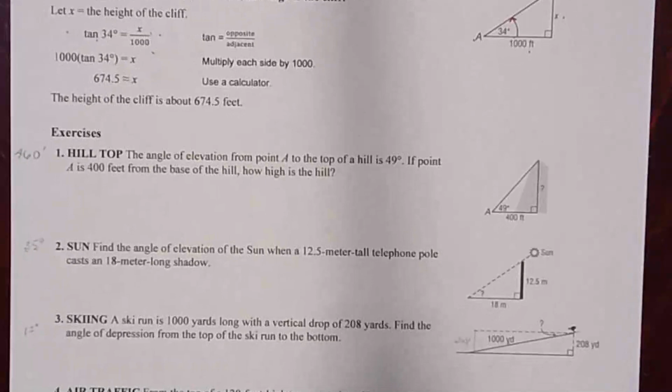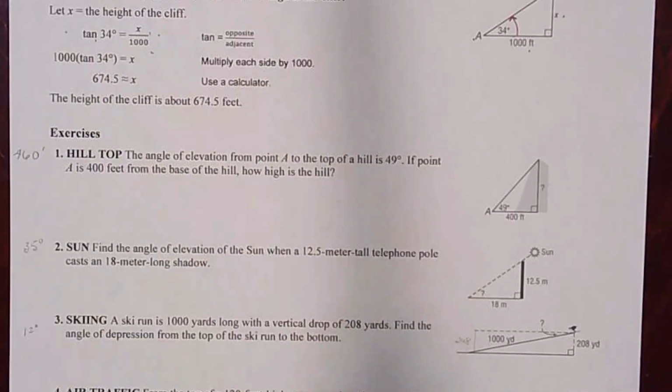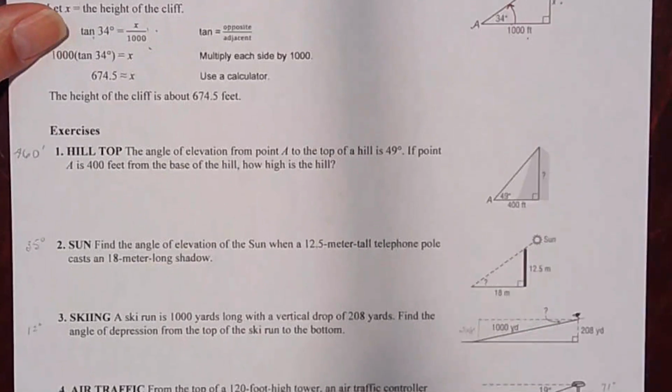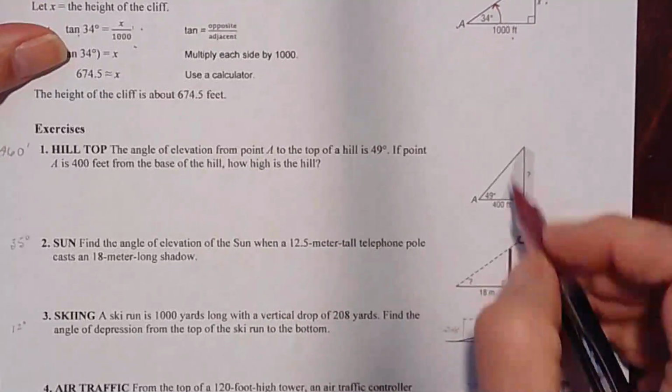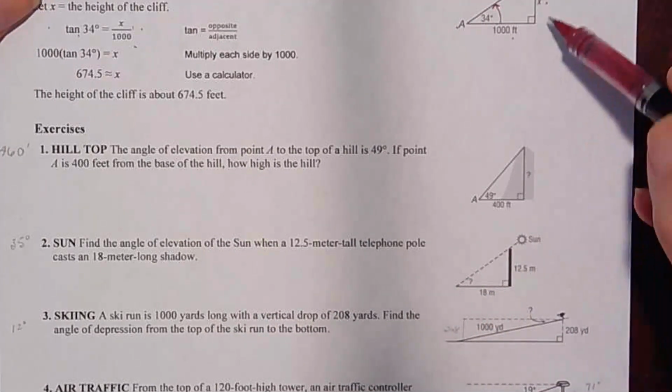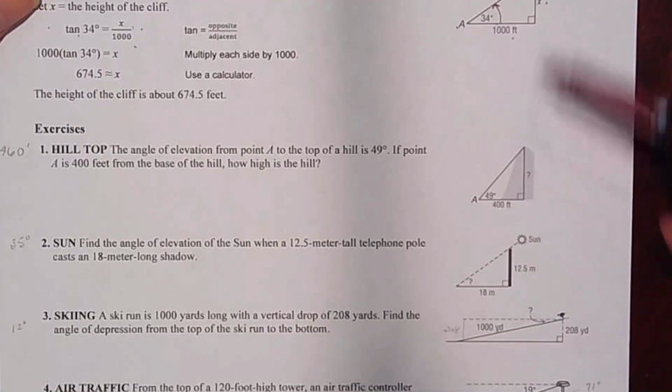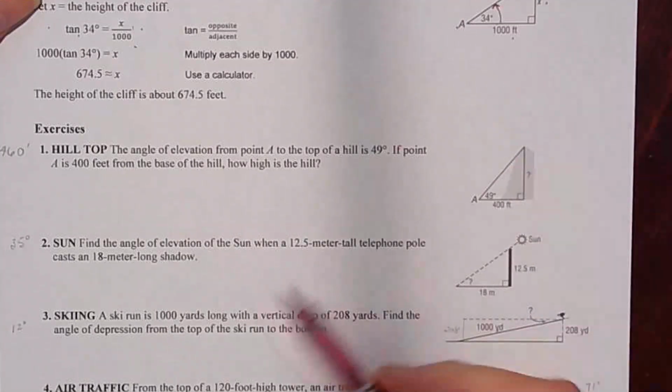Now, look at this problem right here, and I will post my solutions to all of these online, but if I look at this first problem here, this hilltop problem, the angle of elevation, and this problem models this one up here identically with the exception of the numbers.